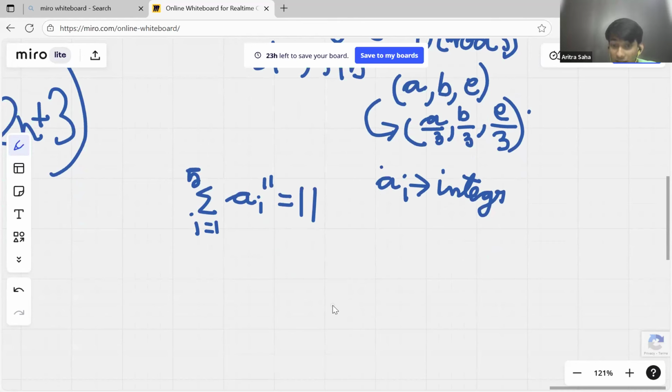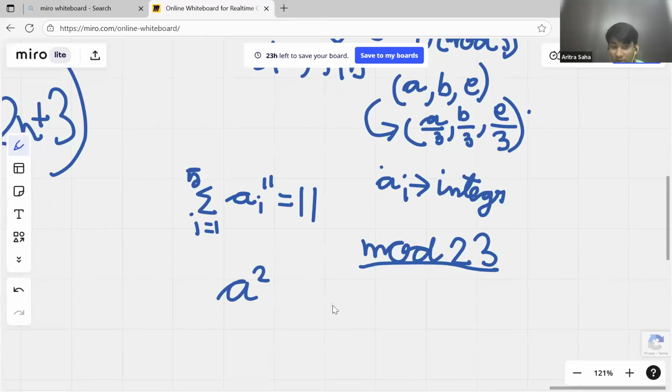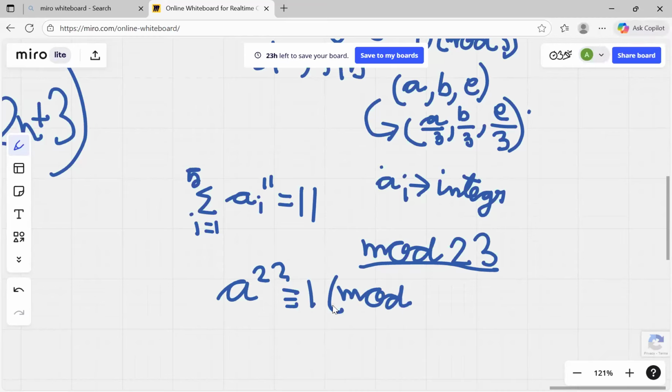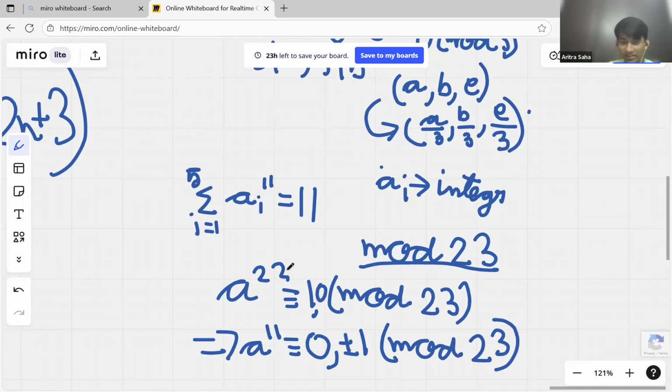So here you take mod 23. Why did you think of mod 23 at first? I mean, Fermat's little theorem. a to the power 22 is 1 mod 23 for every a, and that says that a to the power of 11 is equivalent to plus minus 1 mod 23, or 0 if divisible by 23.